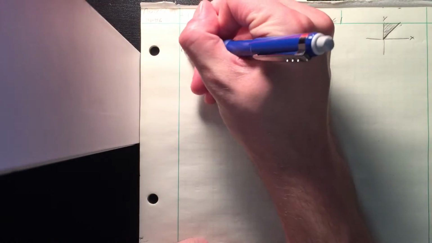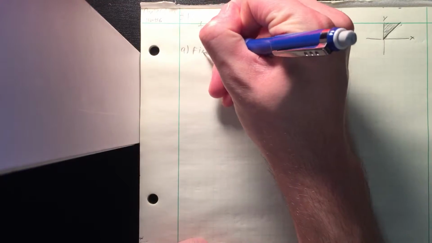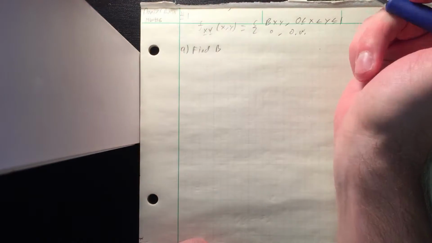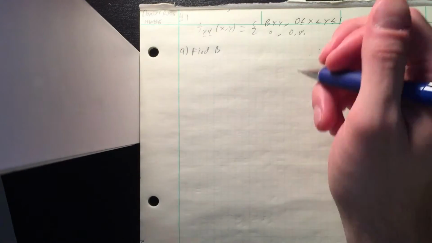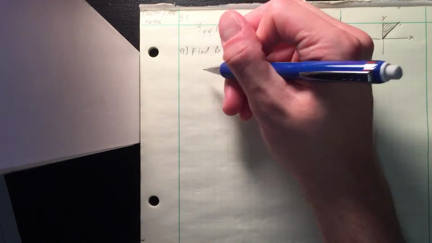So the first question is to find b, to make this a valid joint density. It's a pretty simple process.